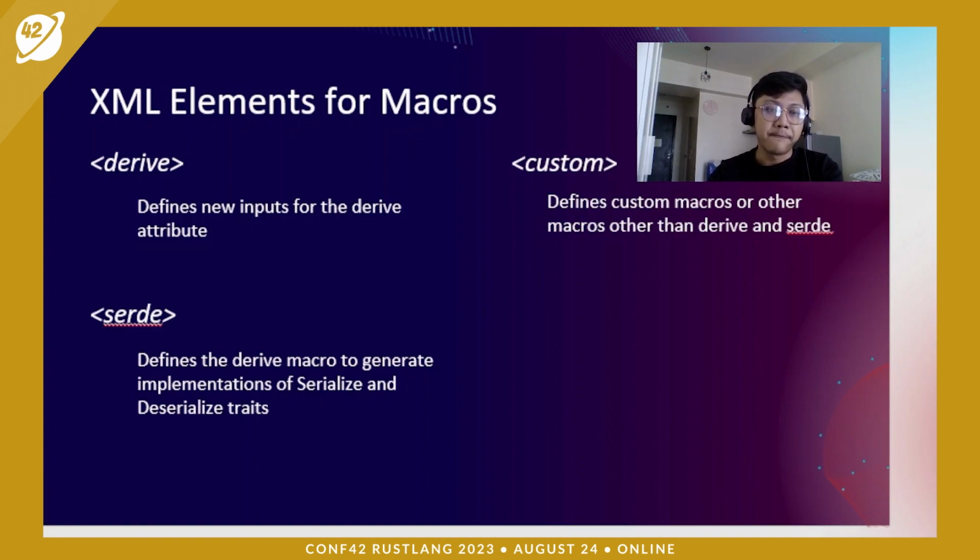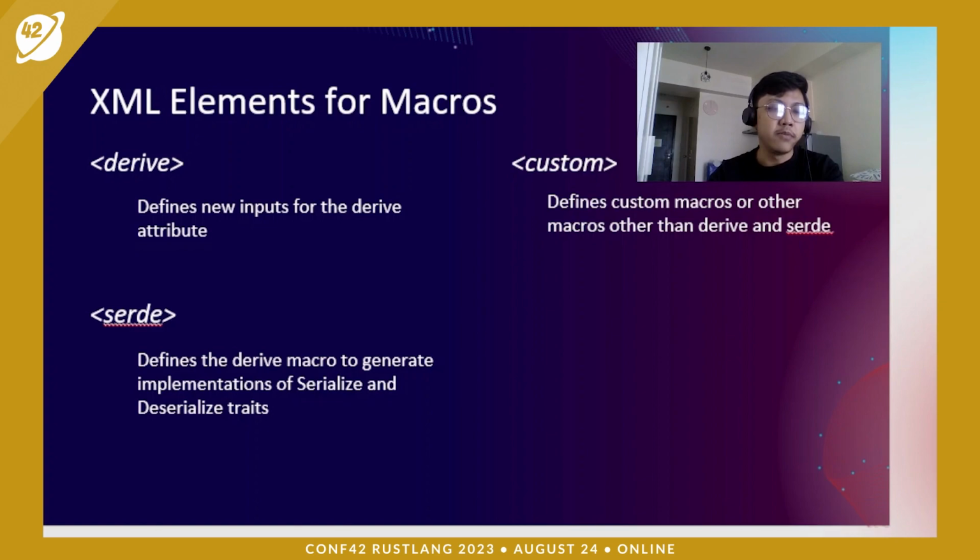First we have derive, which defines new inputs for the derive attribute. Serde: if you are familiar with serialize and deserialize, you can use Serde to generate implementations of these traits. And then custom: if you have created customized macros, or other macros other than derive and Serde, you can define them under the custom XML element.